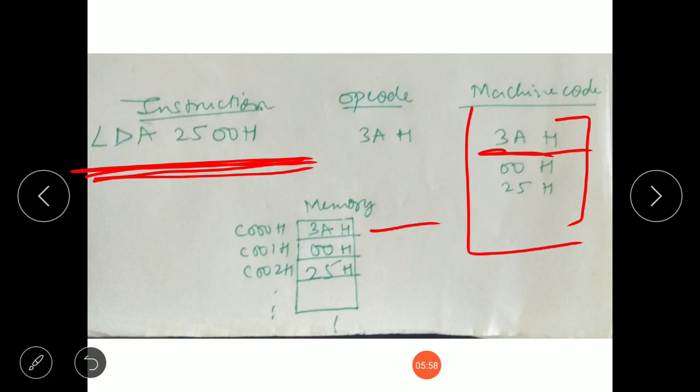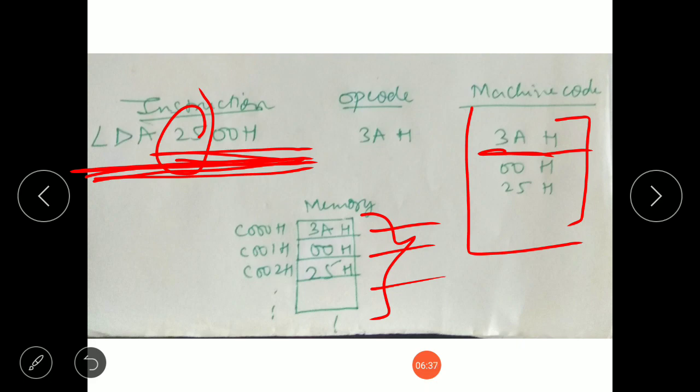First, the opcode of the instruction will get stored in the first memory location, then the lower byte of this 16-bit data or address will get stored in the next memory location, and the higher byte of this 16-bit data will get stored in the next memory location. Since this instruction is occupying 3 memory locations, and each memory location is of 1 byte, we say that these are 3-byte instructions.